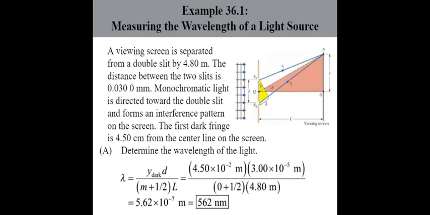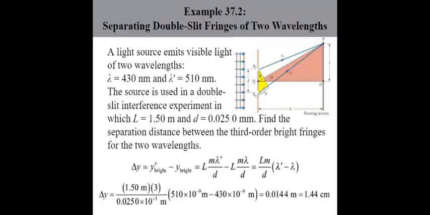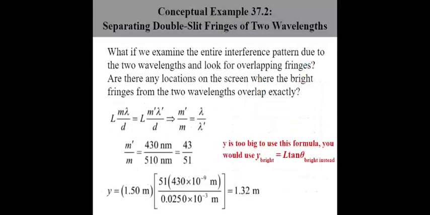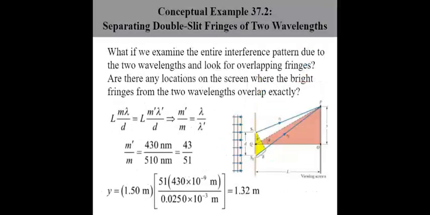So this is an example right from the textbook pages. I think it speaks for itself, but I want to point out something about it in this part. Basically, in this case, they're shooting two wavelengths of light through the slit, and they find that the interference pattern from each wavelength overlaps at particular fringes.